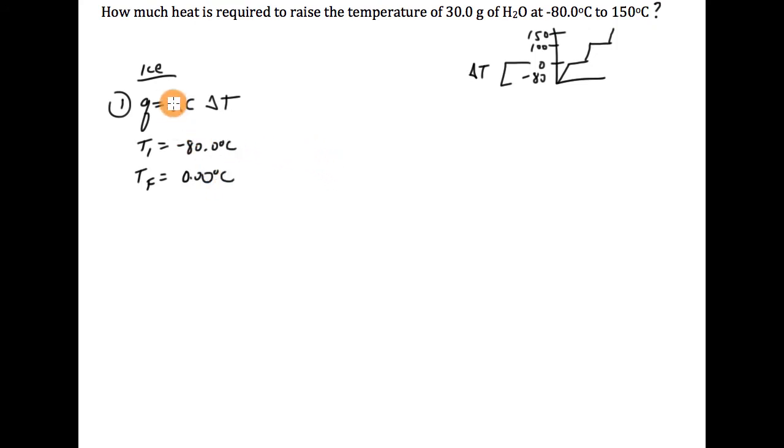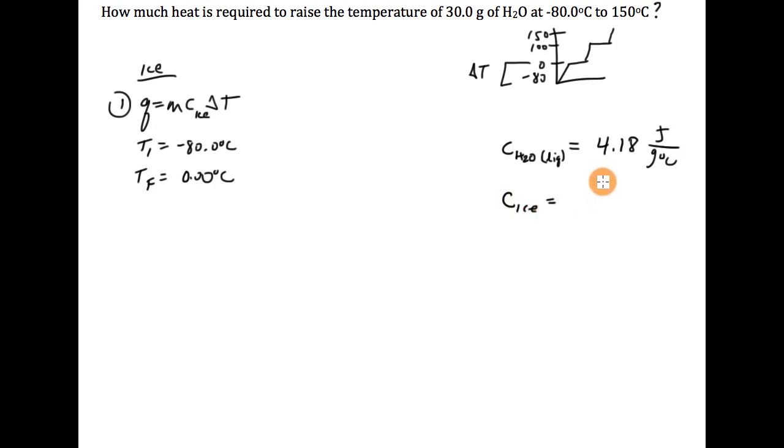Okay, so when I do this calculation, I'm going to plug in my mass, which is 30 grams, my specific heat. Now I got to remember that this is of ice. Now specific heat of H2O, and we refer to that as the liquid, is equal to 4.18 joules per gram degree Celsius. Okay, we've seen that before. Now we've got ice. Ice is a little bit different.